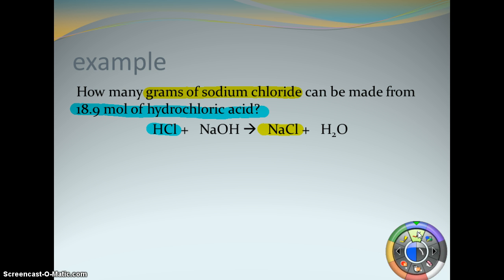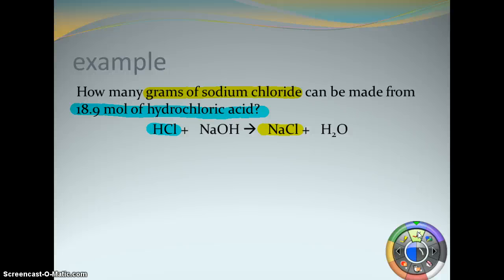This equation, our reaction, looks not balanced. So let's go double check. There's no coefficients, but it is balanced. So 2 hydrogen, 1 chlorine, 1 chlorine, 1 sodium, 1 sodium, 1 oxygen, 1 oxygen. So it is balanced. There's just no coefficients because it's balanced.